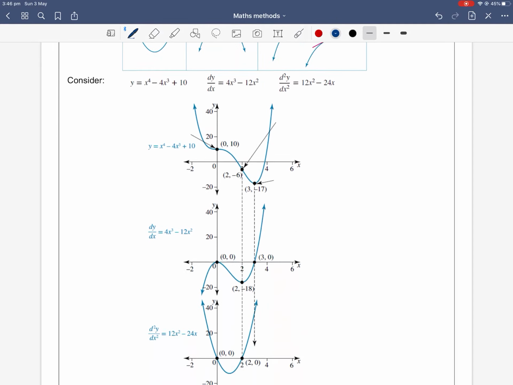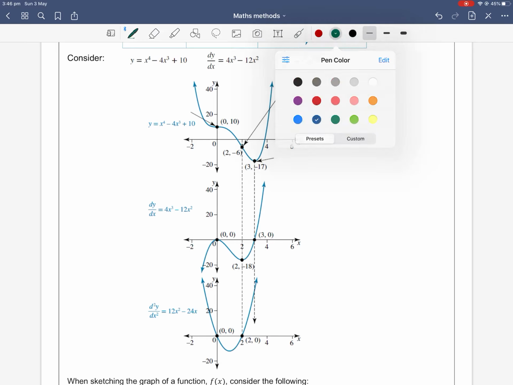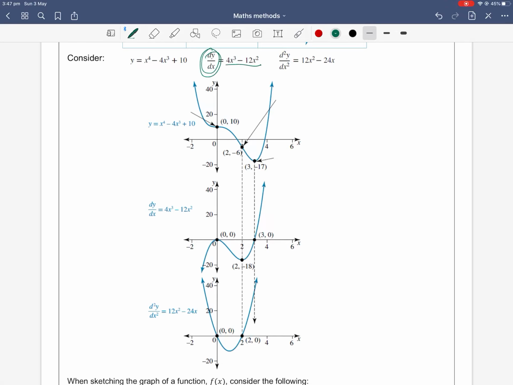And that's what we were talking about last lesson. So if we consider this example, our starting function, our y function, is a quartic because it's x to the 4. If we find the gradient, then it's a cubic because it's the first derivative, and then the second derivative is a quadratic. So you've got them illustrated in 3 graphs here.